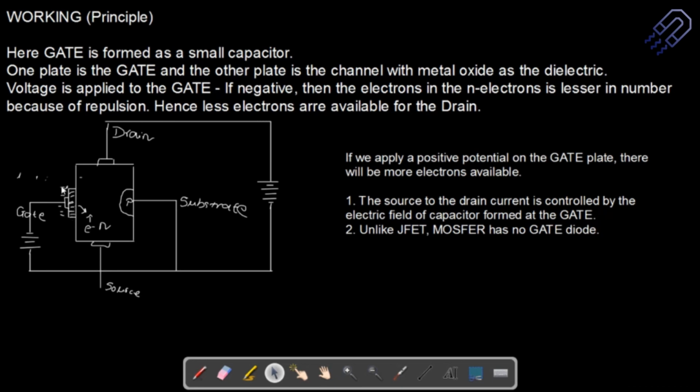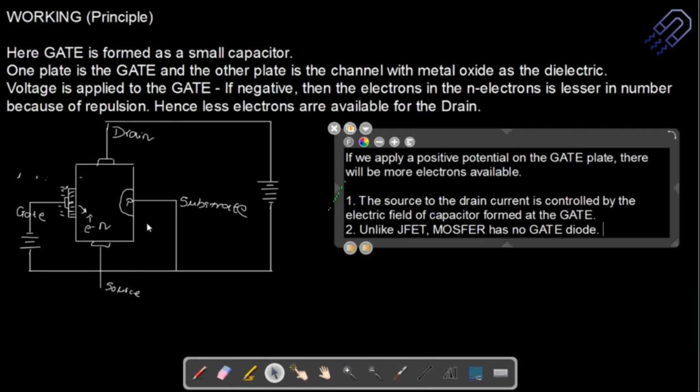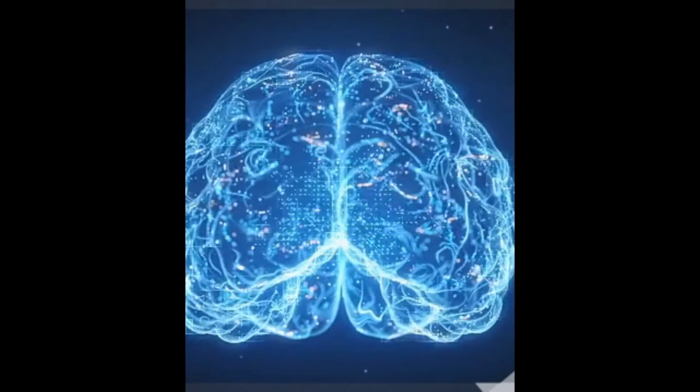If we need more current, we can make it positive, so we can change the battery polarity to positive. If we need less current, we can make it negative. So we don't need only one kind of potential; we can have both, depending on our need. This makes it possible to have a positive or negative gate bias, or gate voltage.